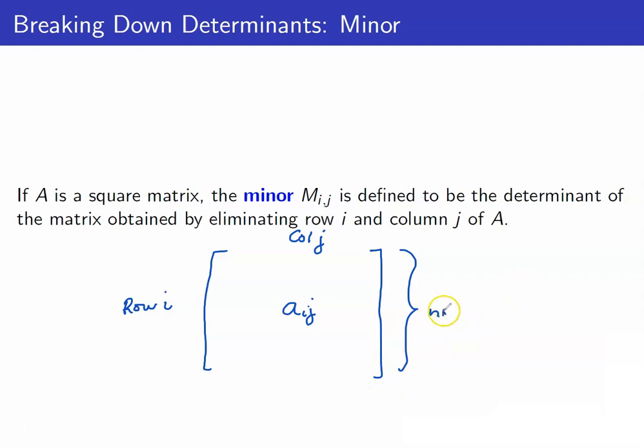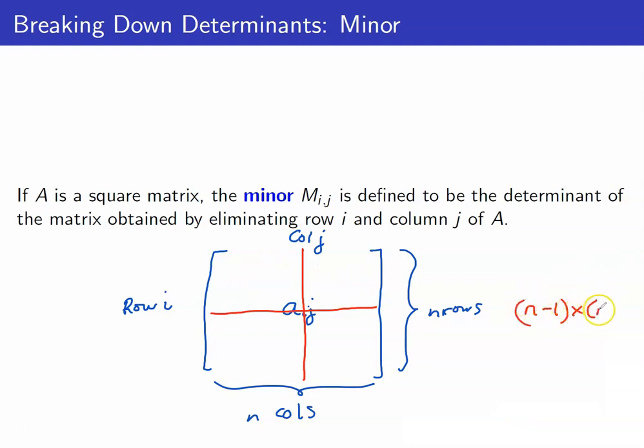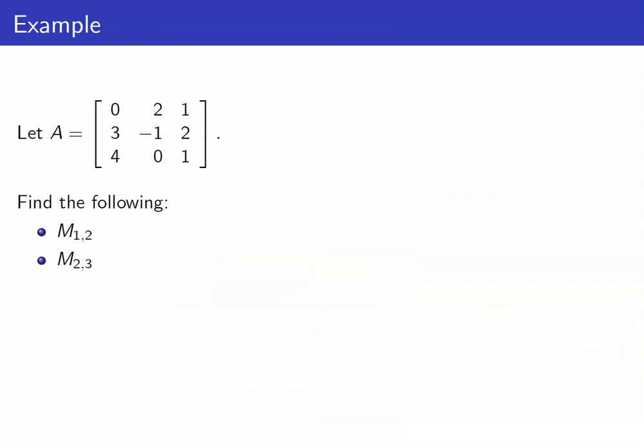This is n rows and of course n columns. What you need to do is to remove the row i and remove column j. And therefore, what will happen there? This matrix that will result will be what size? This matrix will be an n minus 1 by n minus 1 matrix.